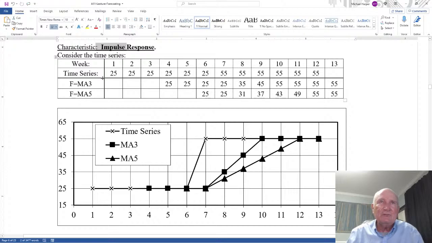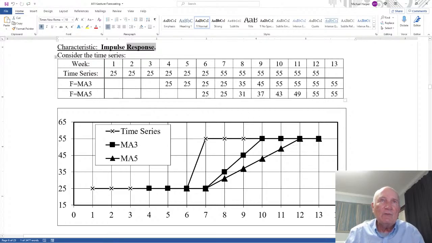Well, the moving average with a window of 3 does move to it. But once it happens, it takes 1, 2, 3 time periods before it totally responds. And that's referred to as response time. It's responding to the impulse. So the response time of a moving average with a window of 3 is 3.